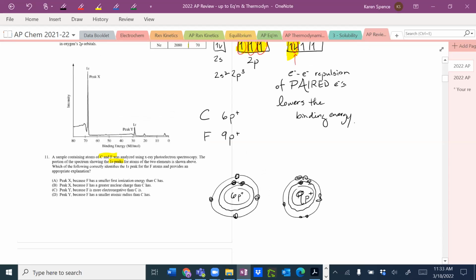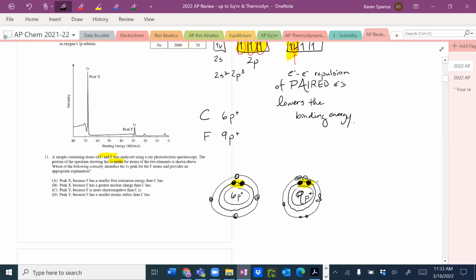Okay, and they should both have, horrible drawings, we should both have 2 1s electrons. That one is really sad there. There's our 2 1s electrons. And fluorine will bind them tighter.